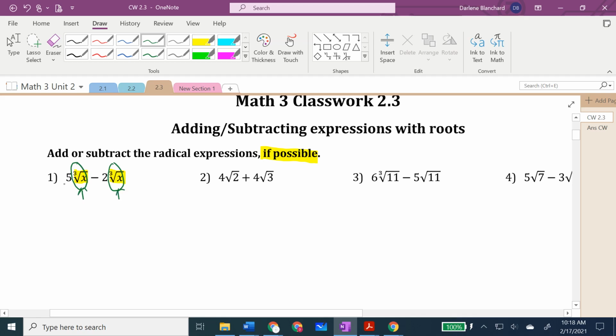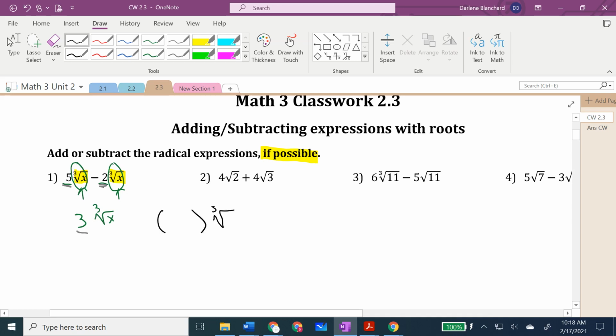And if this tells me I have 5 of them and I'm taking away 2 of them, that means I have 5 minus 2 of them. I have 3 of them. And I want to make sure to clarify that this 3 is coming from the subtraction of the 5 and the 2 alone.